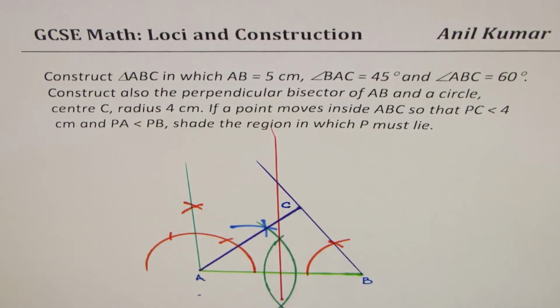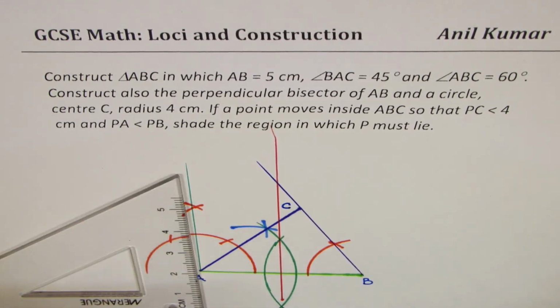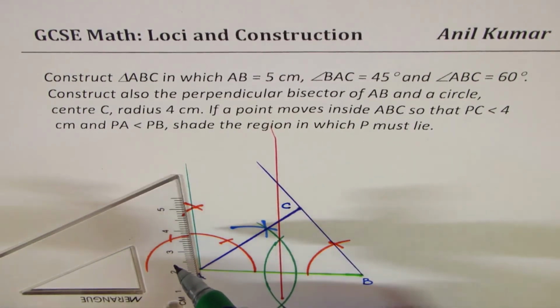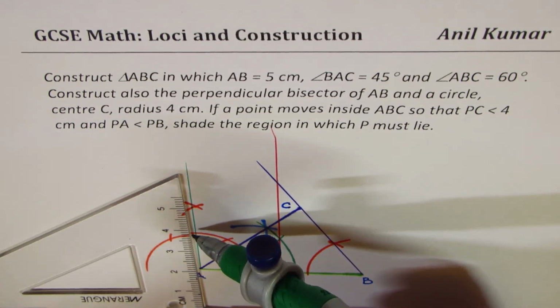Okay. Now from point C, we have to draw a circle with radius of R units, 4 units, okay, 4 centimeters. So 4 centimeters, let me open this to 4 centimeters. It is almost 4 here.